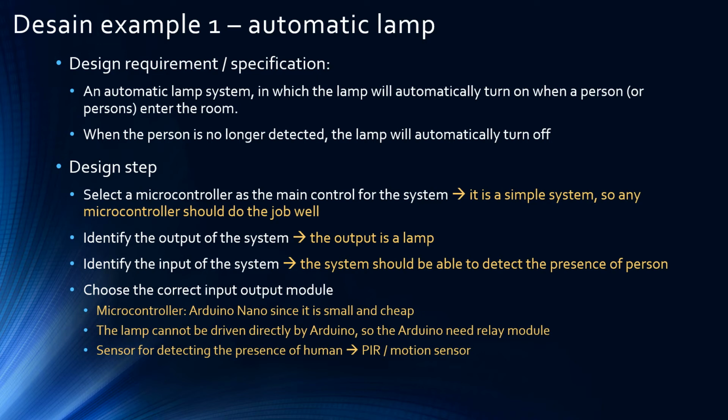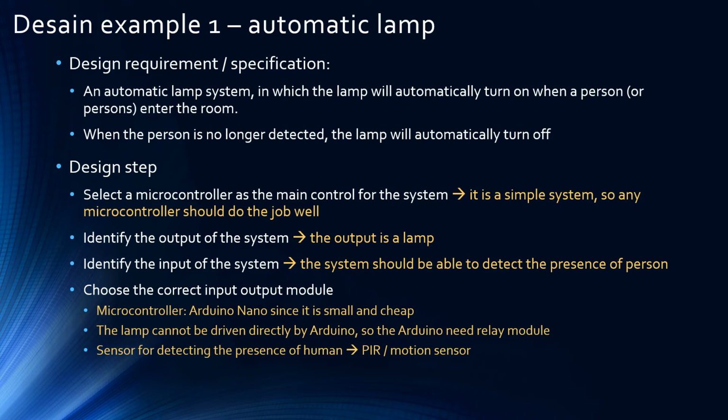So some kind of sensor for detecting a person. It's already clear now. For the microcontroller, any microcontroller is fine. If you already have an Arduino Mega at home, you can use it. If you already have an Arduino Uno, you can use that as well. Even if you have an ESP32, it is fine. Because it's a simple system, any microcontroller should do the job.